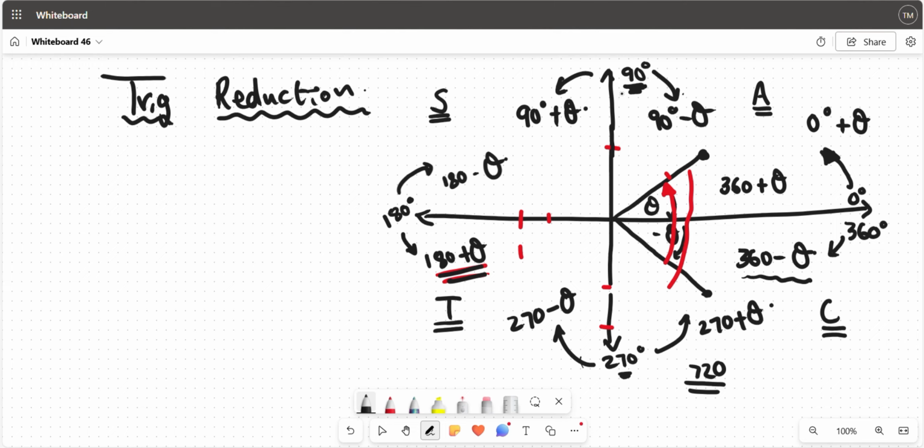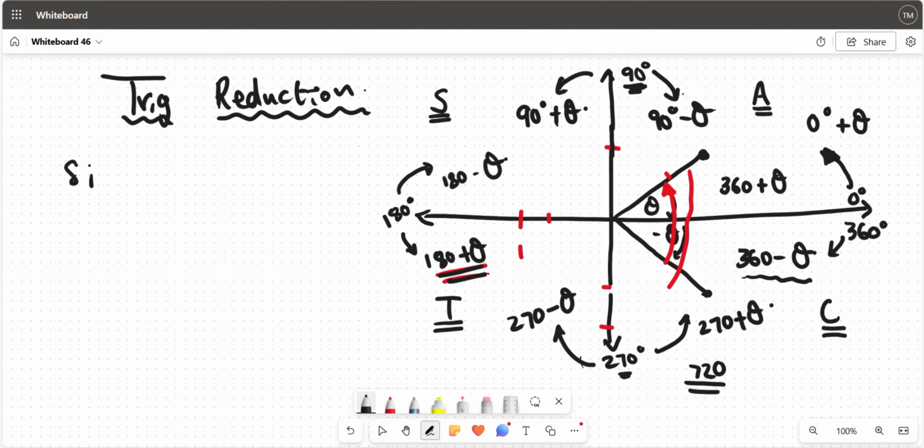But what happens with those guys, whenever you're reducing for 90 degrees, the sine changes into a cos, and the cos changes into a sine. So what do I mean? For example, let's take this as an example.